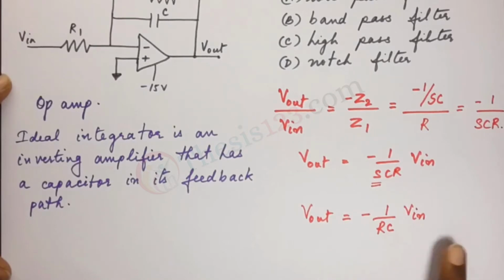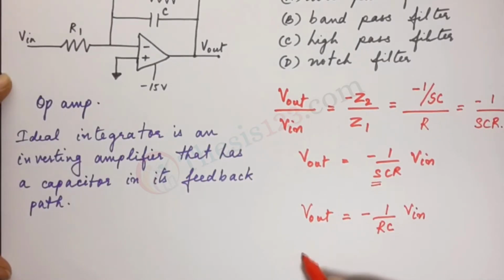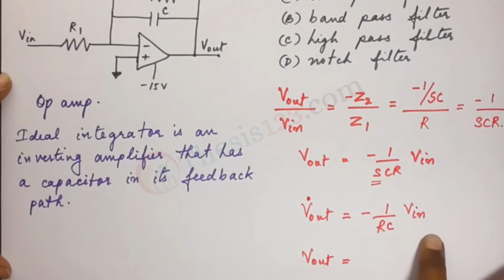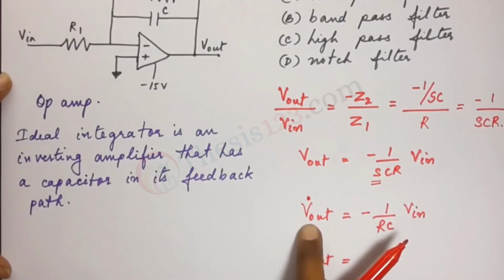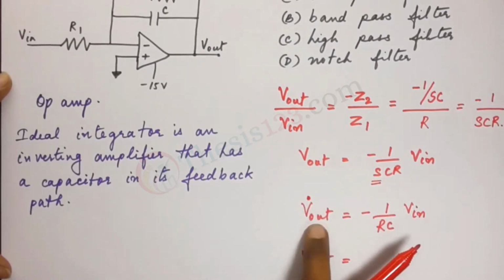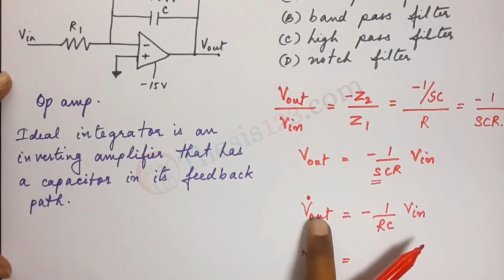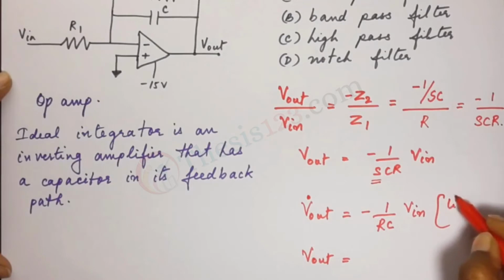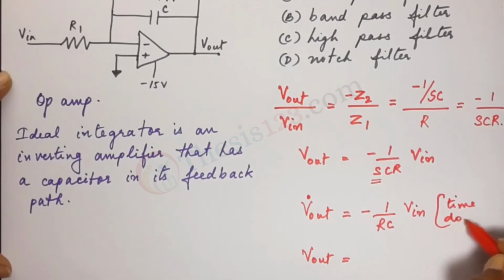Now this is in our time domain. This equation is a derivative, please keep in mind, because V out dot represents differentiation.